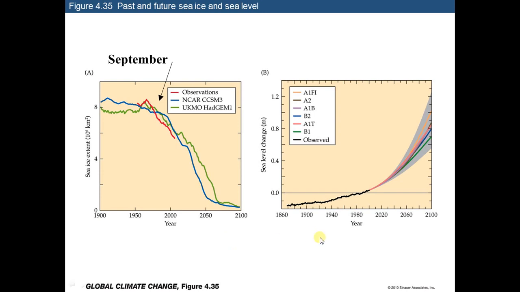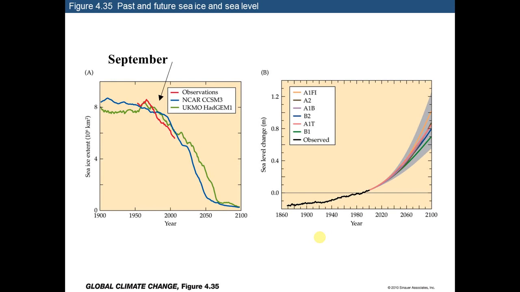Now on the right we have sea level rise, based on different emission scenarios. On the left, when you were looking at sea ice extent decrease, those were basically averages based on all the scenarios.